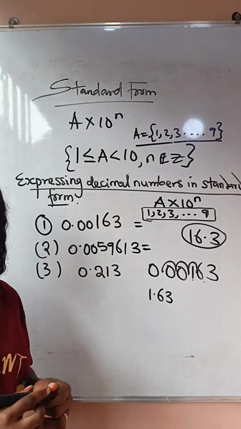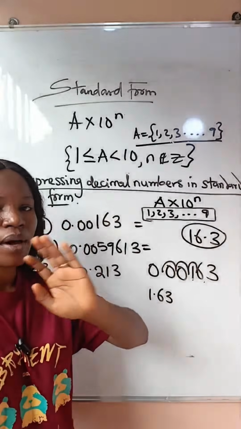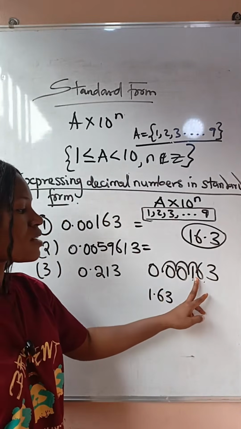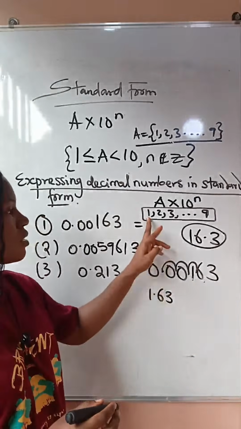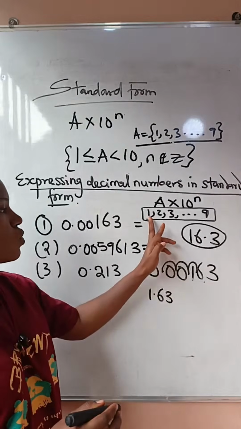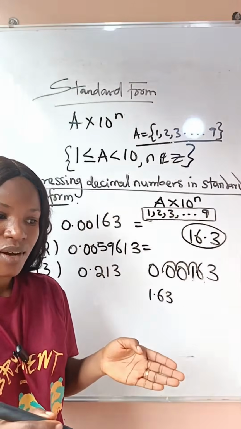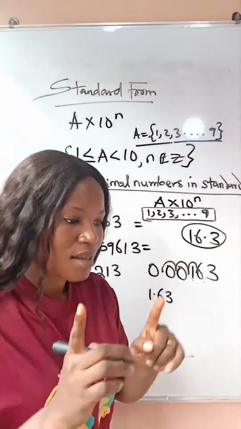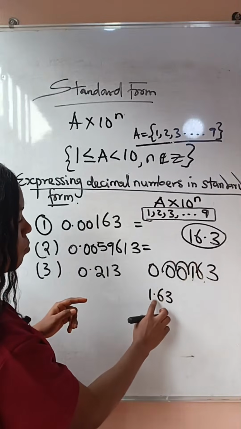Are you getting it now? 16.3 is bigger than 9, so it cannot serve as our a. That is why we stopped at 1.63, because it is between 1 and 9, so it can serve as our a. You now understand, right? So that is exactly why my a should be 1.63.